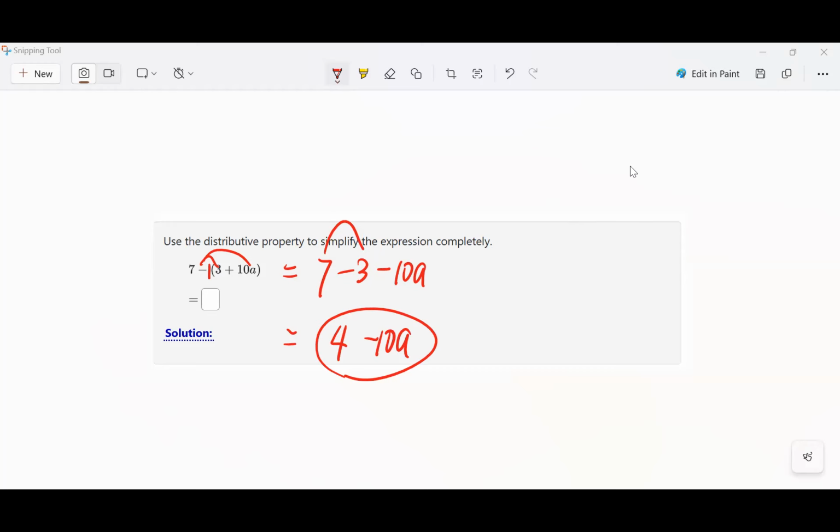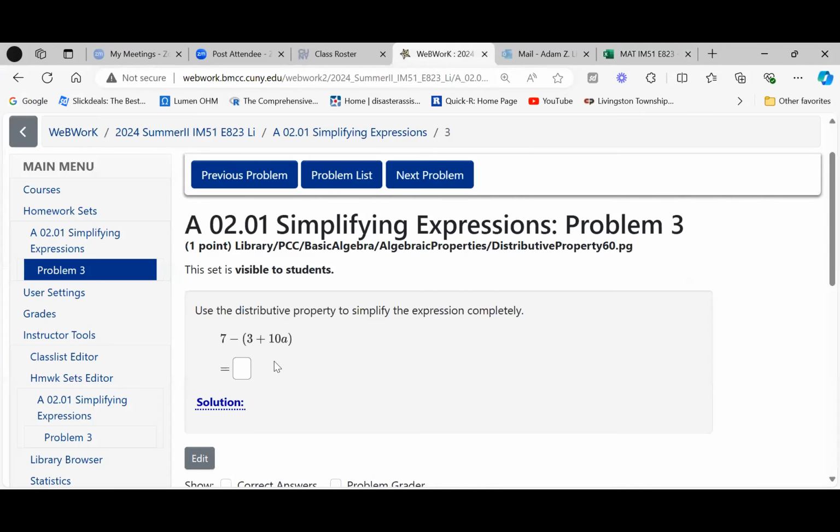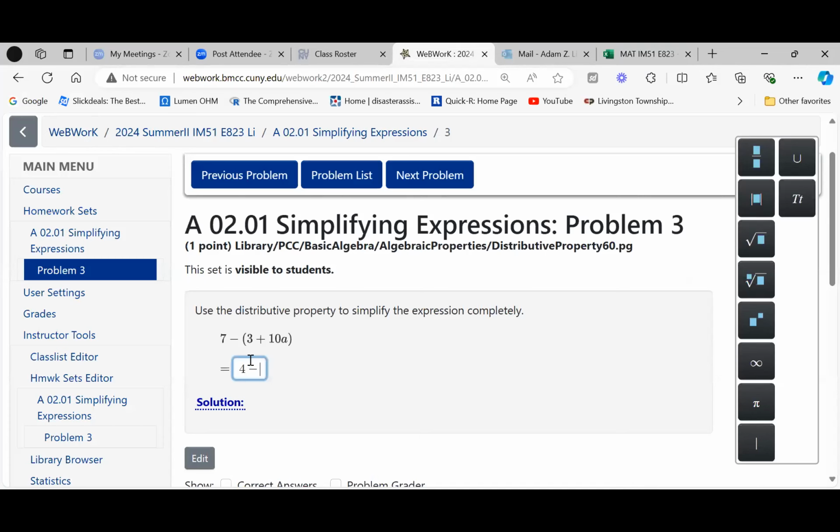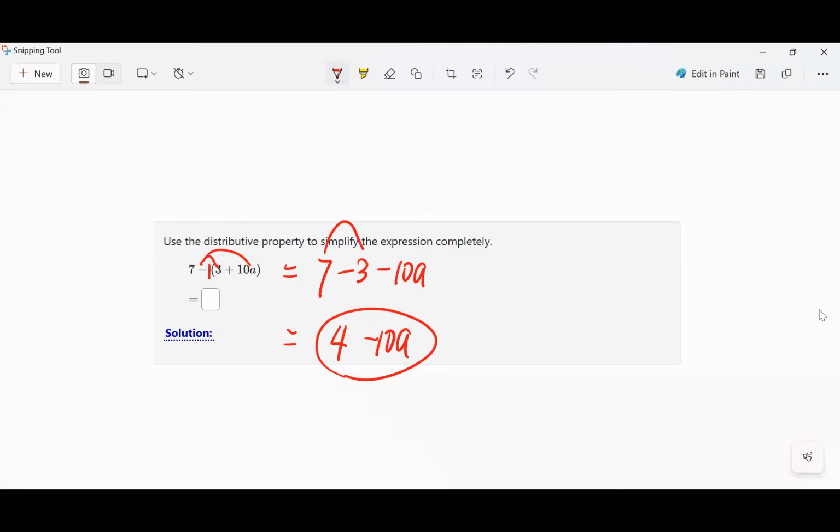I have a question. Sure, go ahead. How did the addition turn into subtraction? Going back here, remember that's the invisible one. So you get 7, minus 3 plus 10a. First of all, we put back this invisible one and then distribute it.